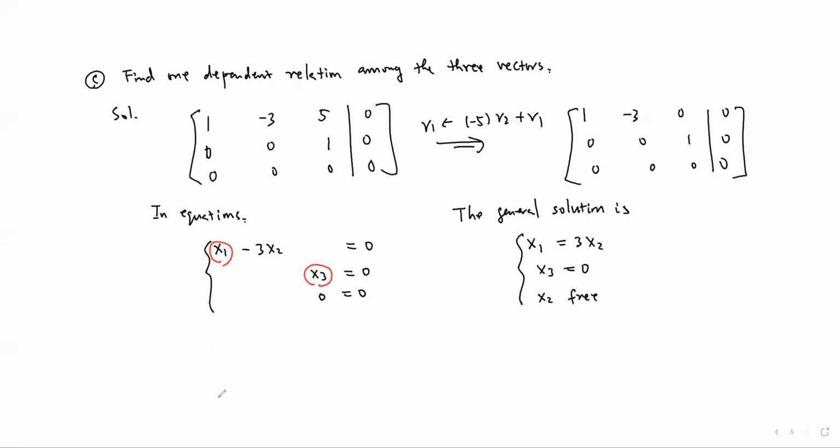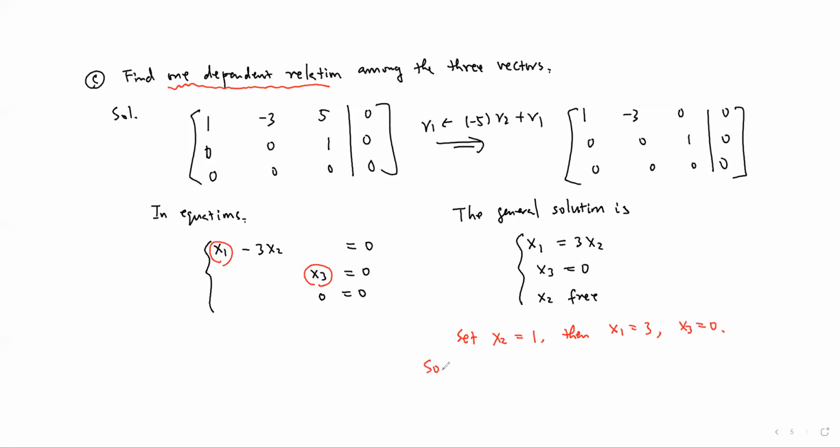Now the question is to find one dependent relation. That means let me take one solution. Say, for example, x2 is 1. Then we have one solution: x1 is 3, x2 is 1, x3 is 0.